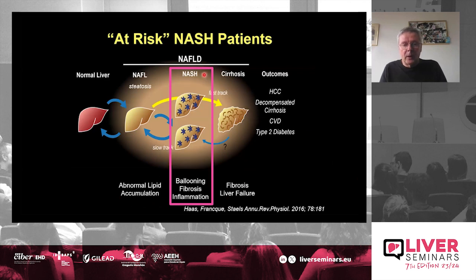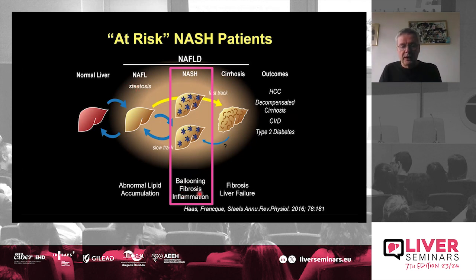Now, as I mentioned, it is the NASH stage, and particularly what we now call at-risk NASH, which is currently targeted with respect to therapeutic approaches to treat patients with MASLD. And I'm sure you're all familiar with steatohepatitis being characterized by ballooning of hepatocytes and the appearance of inflammation on top of, of course, the presence of steatosis, which is the initial characteristic, as I just mentioned.